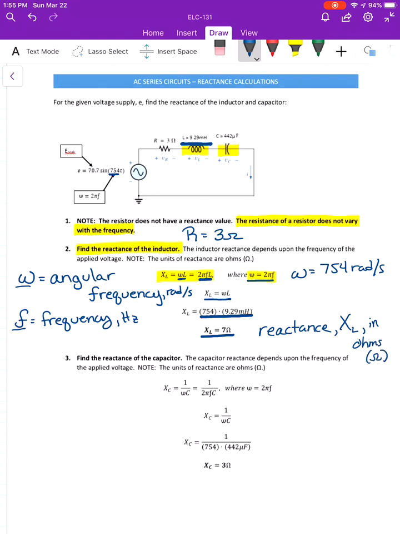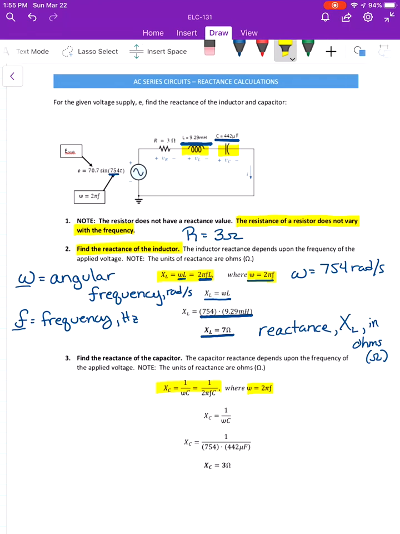For the capacitor, we're going to have to find the reactance of the capacitor as well. The capacitance is 442 microfarads, and the equation for the reactance of a capacitor is 1 over omega C, or 1 over 2 pi f times C. Again, omega is just 2 pi f, so we're just substituting 2 pi f for omega in that equation.